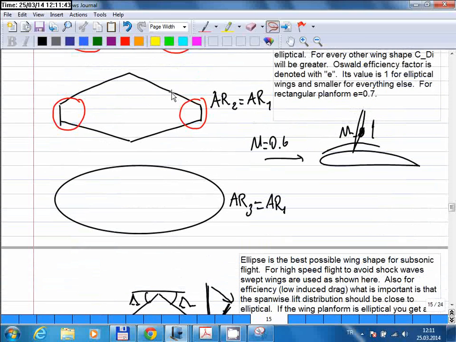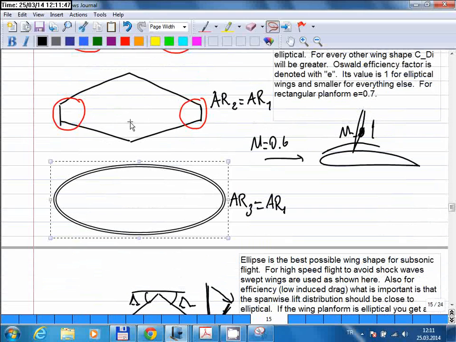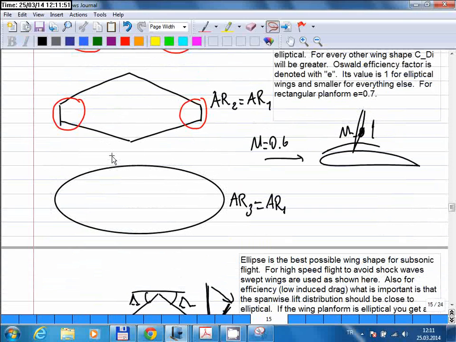Okay, then you may ask a question. If we know that the ellipse is the best possible design, then how come the aircraft that we know today don't have elliptical designs, right? So if you consider the modern airplanes, none of them have an elliptical design. That's because this is considering the fact that the wave drag is ignored.